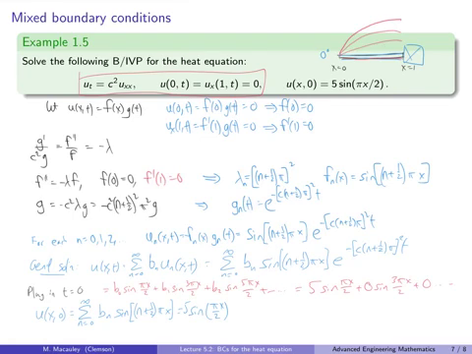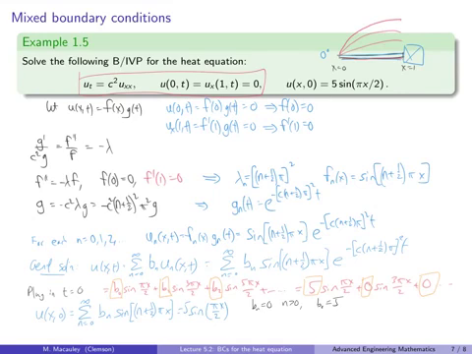Well, that means that the coefficients of the sine of pi x over 2 terms have to be the same. So b_0 has to be equal to 5. This is the n equals 0 term, this is the n equals 1 term. b_1 better be equal to 0, b_2 better be equal to 0, and so forth. So all of the b_n's are equal to 0, except the n equals 0 term. In other words, b_n equals 0 for n bigger than 0, and b_0 equals 5.